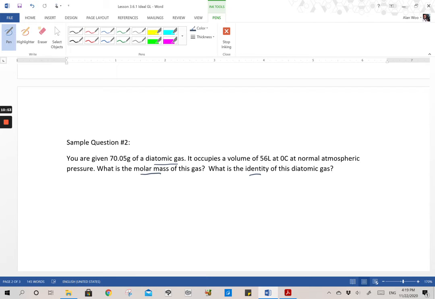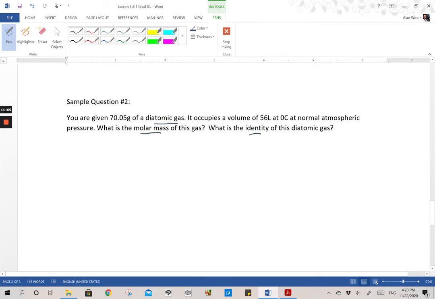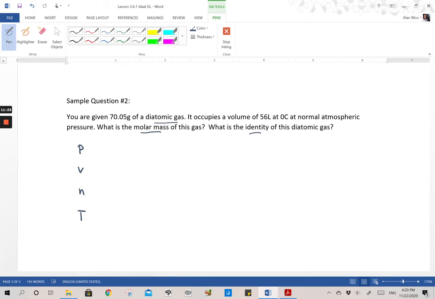So you're given this diatomic gas. It occupies a volume of 56 liters at 0 degrees Celsius at normal atmospheric pressure. They're wondering what the molar mass of this gas is, and then after that, to figure out the identity of this diatomic gas. So again, write out everything that you have. Do you have pressure? Yes, it is normal atmospheric pressure.